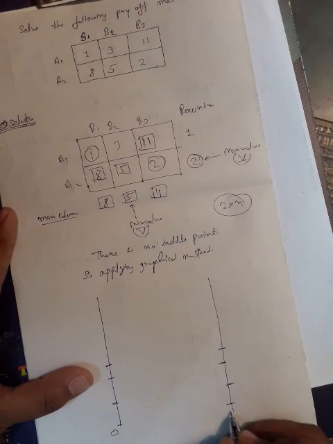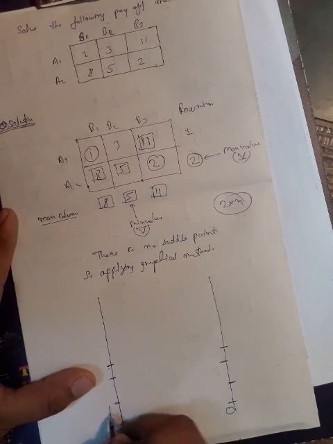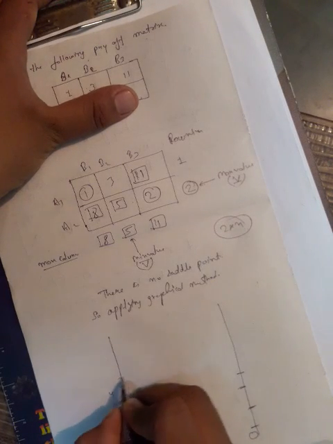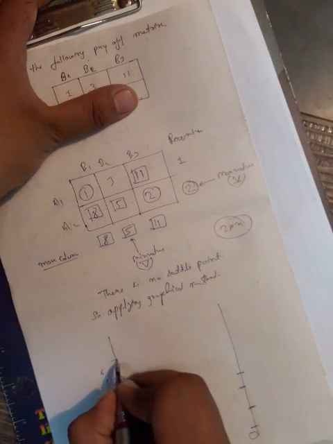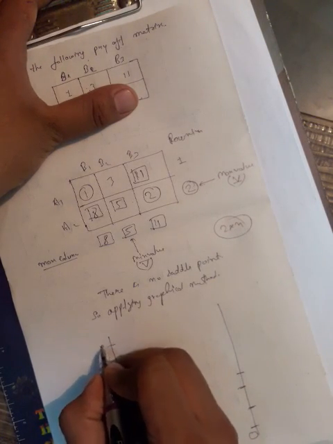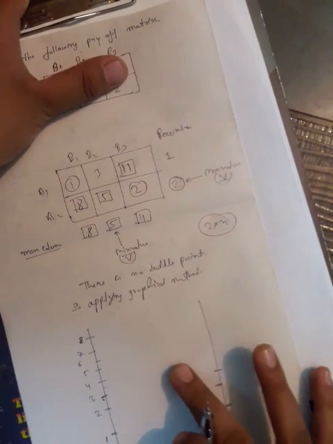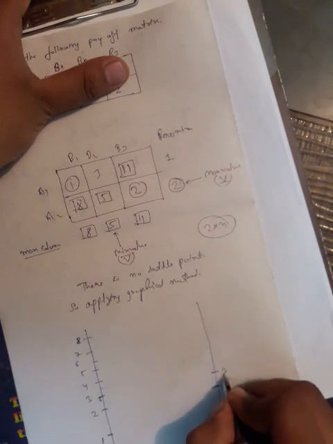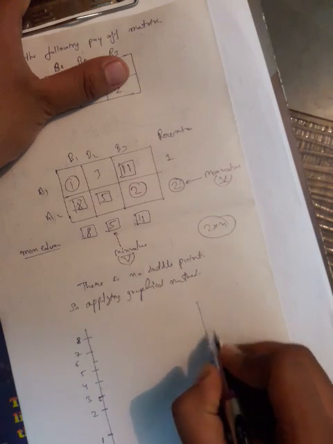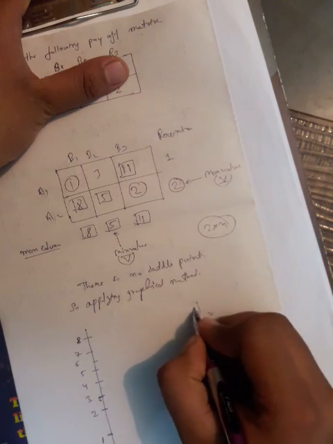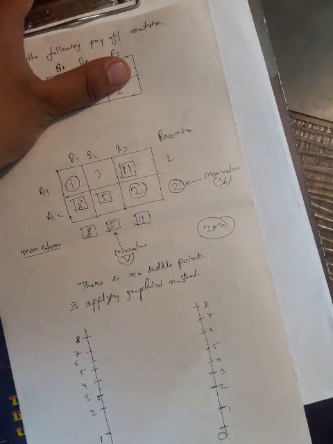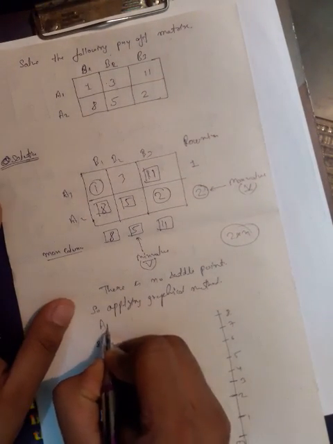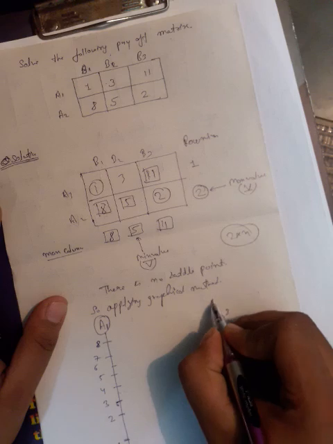Write here 0, here also 0, here 1, 2, 3, 4, 5, 6, 7, 8. You have to solve this on graph paper. 1, 2, 3, 4, 5, 6, 7 and 8. This denotes your A1 and this denotes your A2.